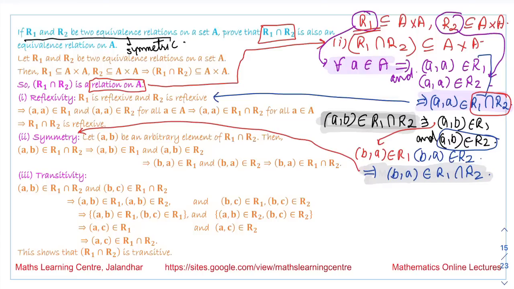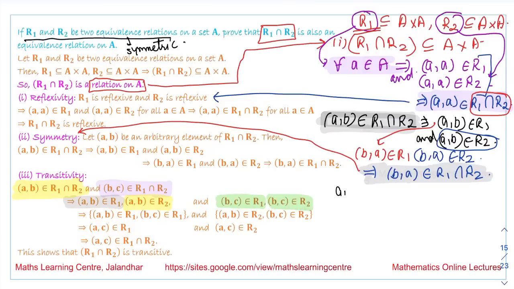Next we are talking about transitivity. Suppose (a, b) belongs to R1 intersection R2 and (b, c) belongs to R1 intersection R2. Then (a, b) belongs to R1 and (a, b) belongs to R2. Further, (b, c) belongs to R1 and (b, c) belongs to R2. I am again writing these conditions over here.